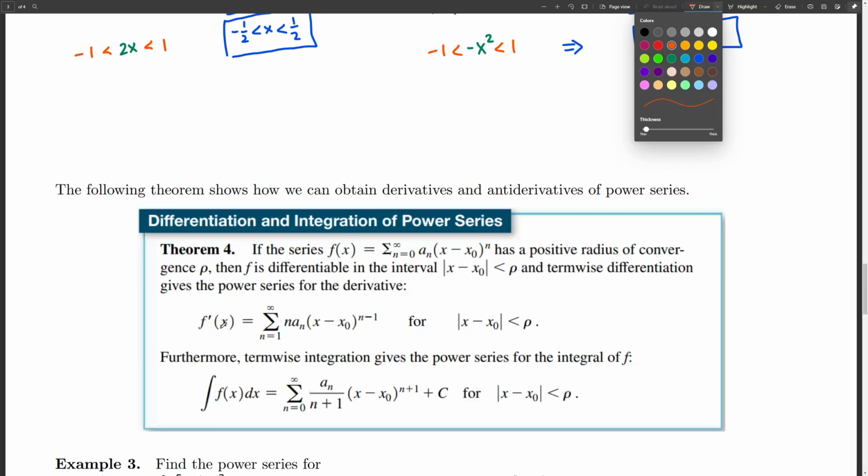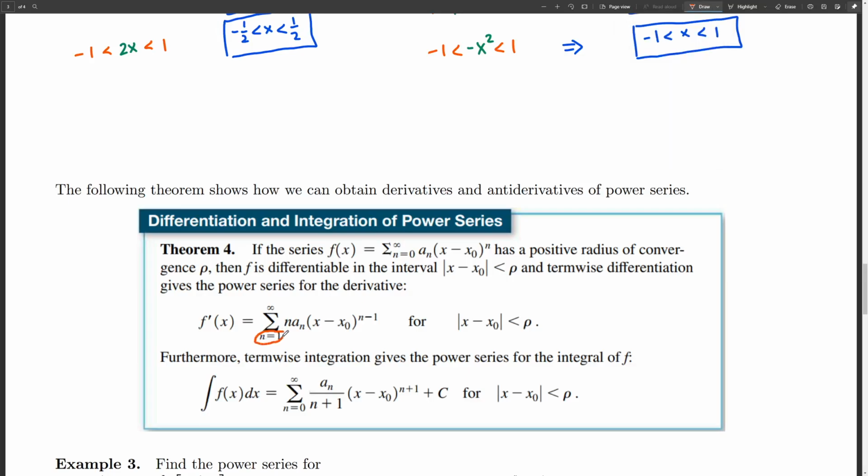So f prime of x equals the sum from n equals 1. Please take note of that shift, right? We don't start at 0 anymore, as we did in the original power series. And then you can see we can just take the term-wise derivative, the n moves to the front, so we get n times a sub n times x minus x naught to the power n minus 1.